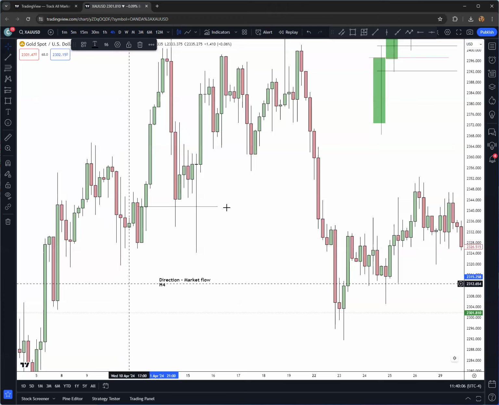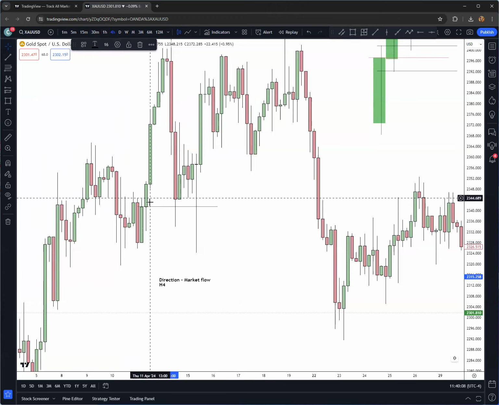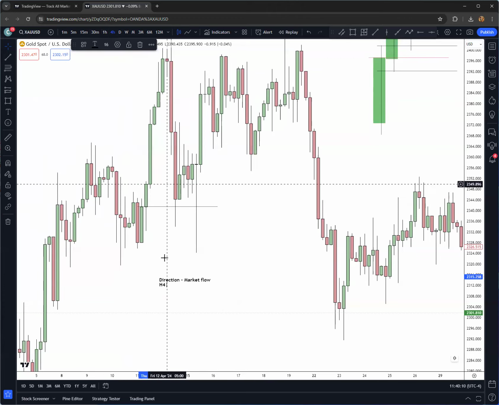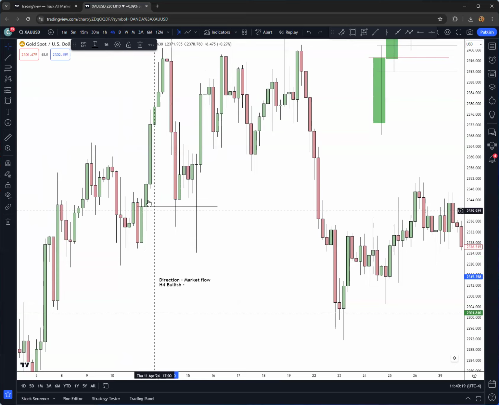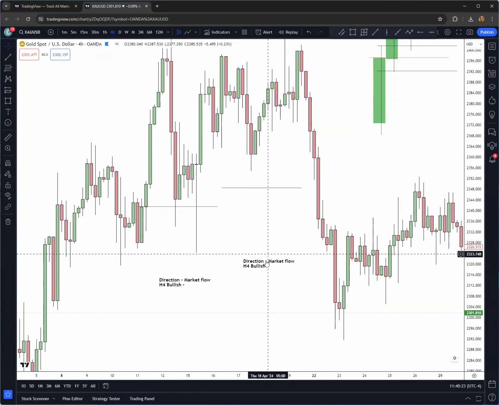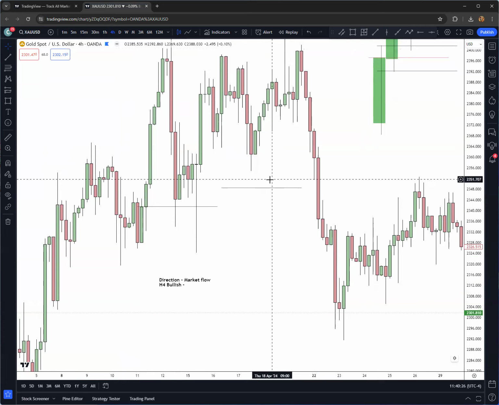H4, as you can see, this is the H4 time frame. We're on H4, bullish, breaking out to the upside, right? So I'm going to say my direction for H4 is bullish, right? Bullish, why? Where was the decision that H4 took out?